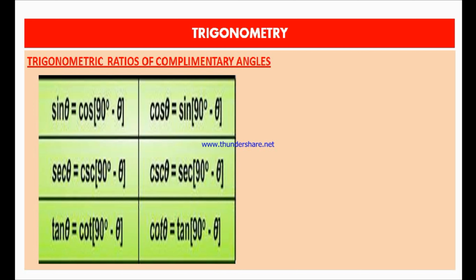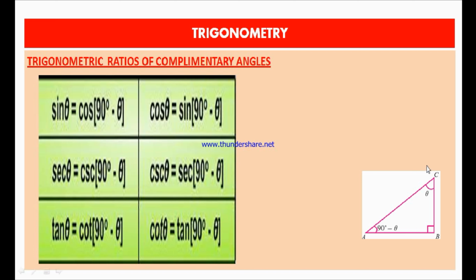Let us prove any one of them. You see, let us consider a right triangle. ABC is a right triangle in which angle B is equal to 90 degrees. If one angle is equal to 90, let us assume that the second angle, that is angle at C, is equal to theta.